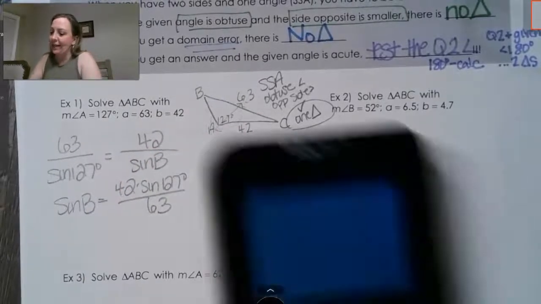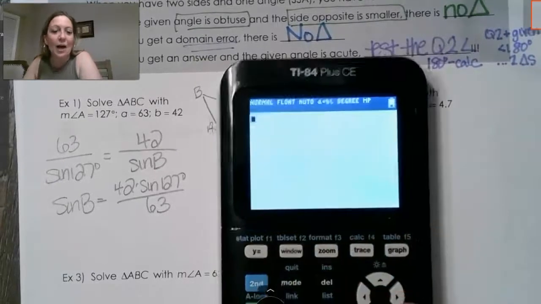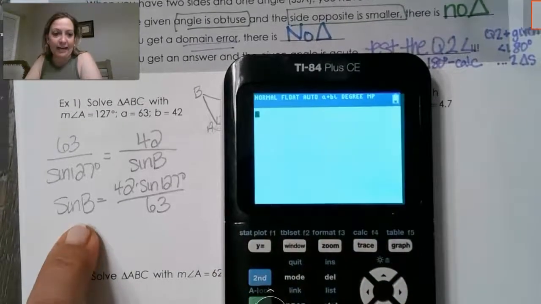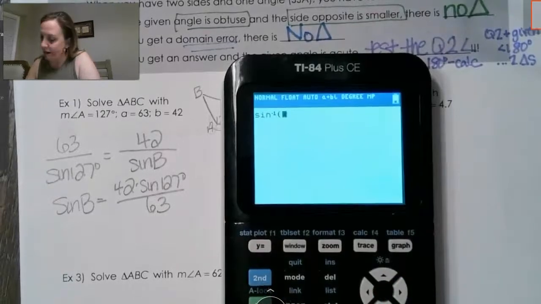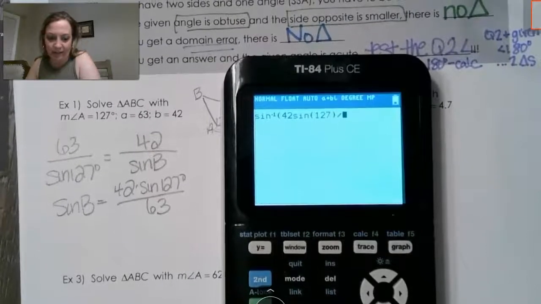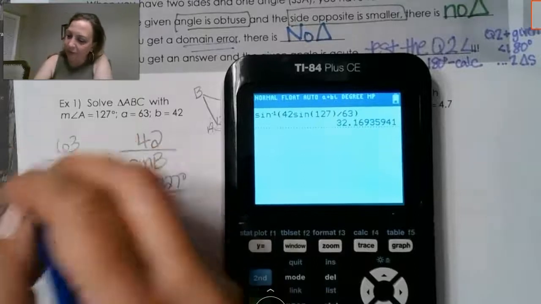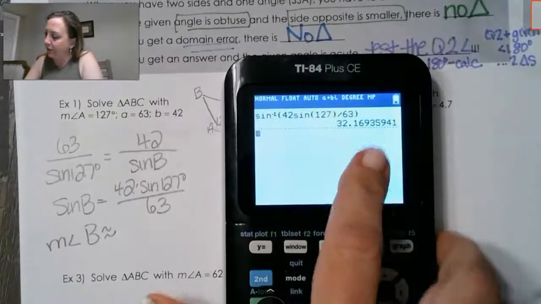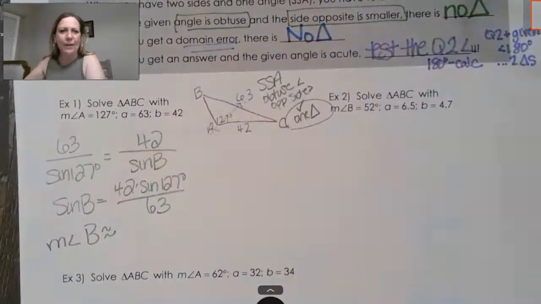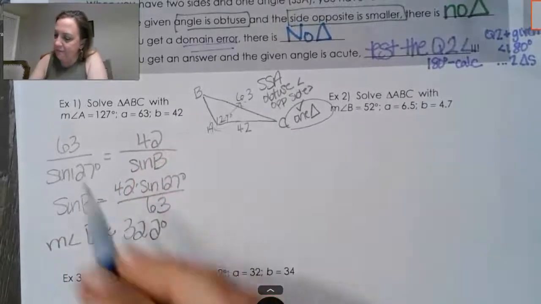In the calculator we have to take the inverse sine to find what angle B is. So I'm going to take the inverse sine of 42 times the sine of 127 over 63. That gives me that the measure of angle B is about 32.2 degrees, if I'm rounding to the nearest tenth like we have been.